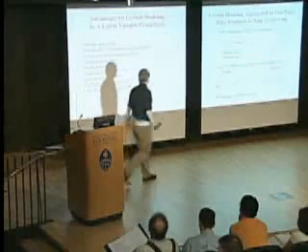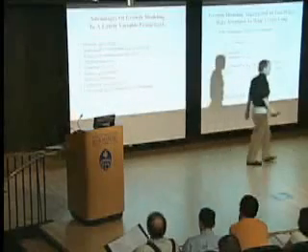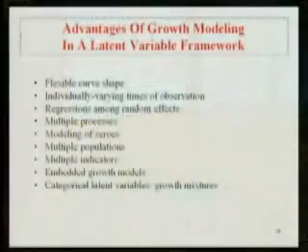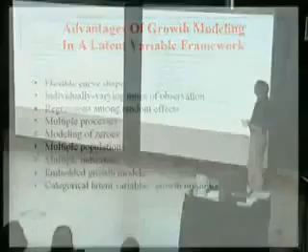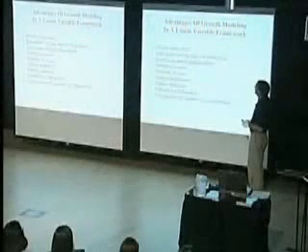Now, we like to be in this latent variable framework, that bigger box. We think of that as a bigger box for the following reasons, and we're going to go through all of these reasons with examples today. We talked about being in a latent variable framework giving you a flexible curve shape. Why?